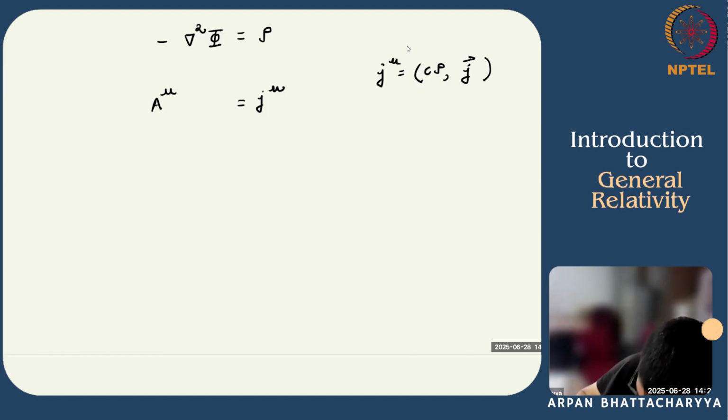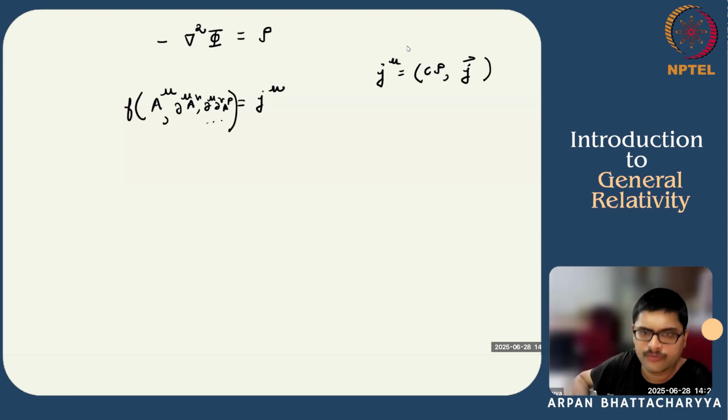Now, in general, this left hand side will be some function of A and its derivatives, and so on. Something like that: A and all possible derivative terms. So now we have to try to fix this function.